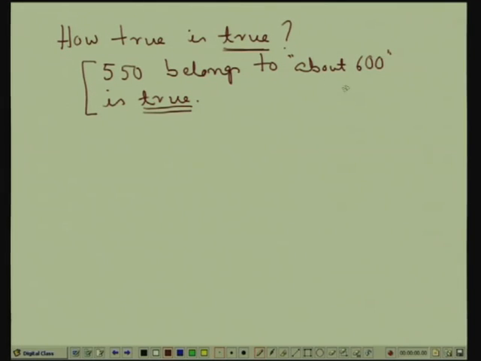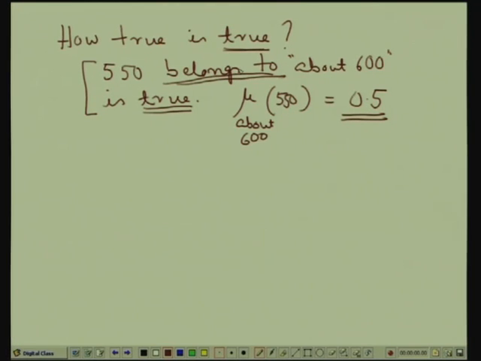We have seen in the earlier diagram that 550 has got a membership mu of 550 in about 600 in that fuzzy set was 0.5. Now, a membership of 0.5, that means its belonging was 0.5 to the degree 0.5, then it belongs to about 600. Is it true?